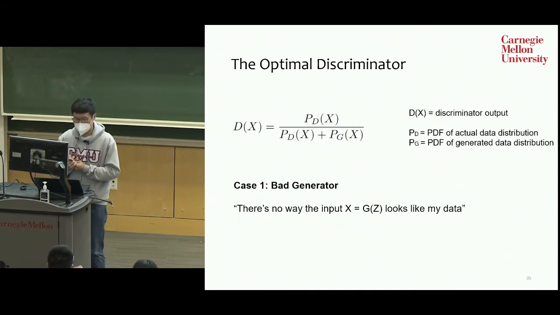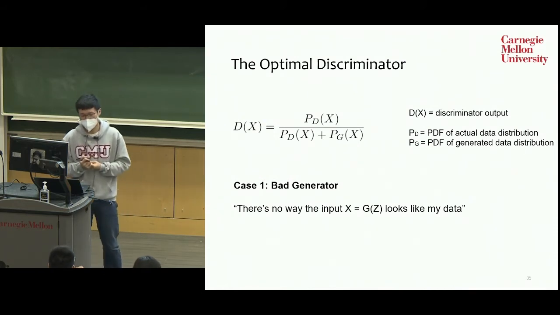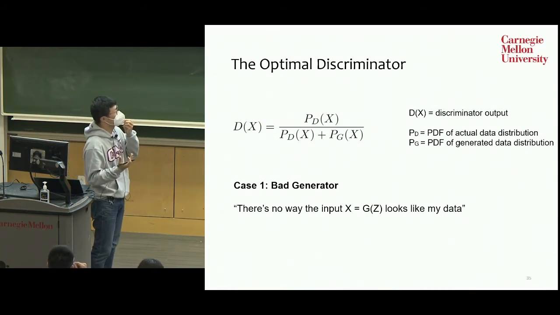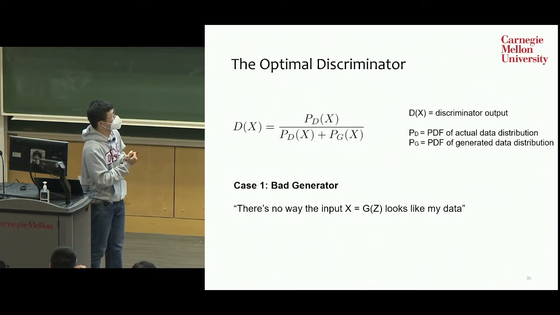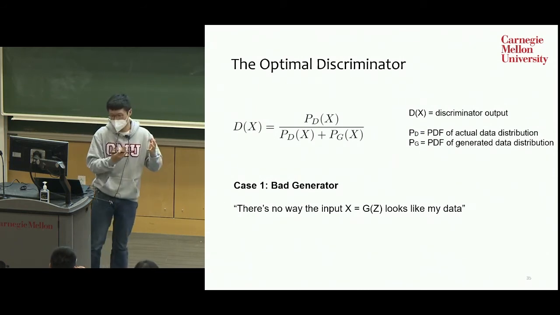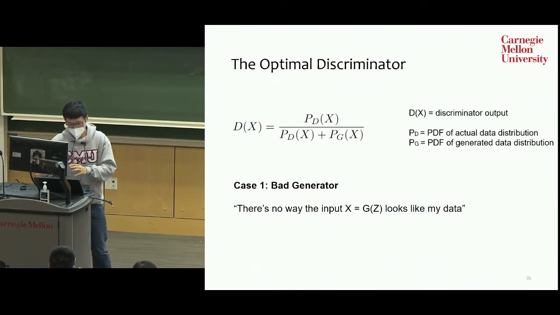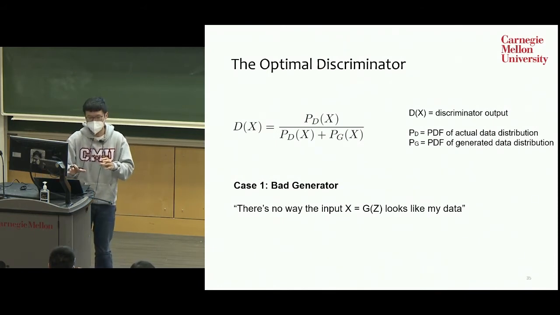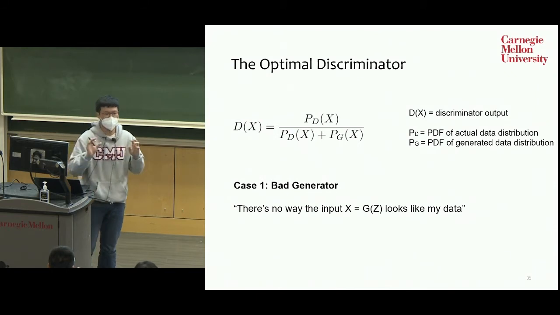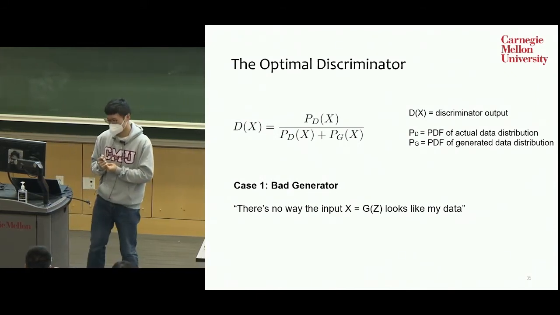Right. So let's look at two simple and extreme cases. Case one is a bad generator. There's no way the output of the generator looks like my actual data. So what value would the discriminator output in this case?